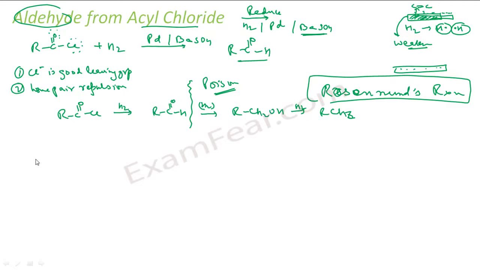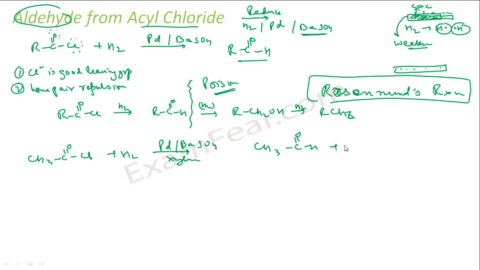So for example, if you want, I can take CH3COCl, you add hydrogen in the presence of palladium catalyst, BaSO4, right, to poison it, and again boiling xylene. So what you get is CH3CHO and you get HCl. What happens here is this H2 breaks into H dot and H dot. So one H dot replaces this, and the Cl dot you get reacts with H dot to form HCl.